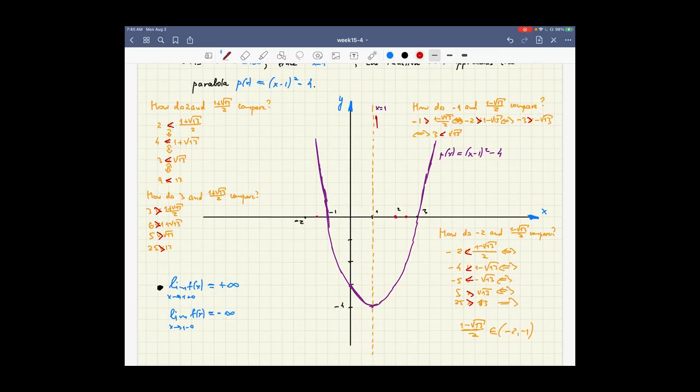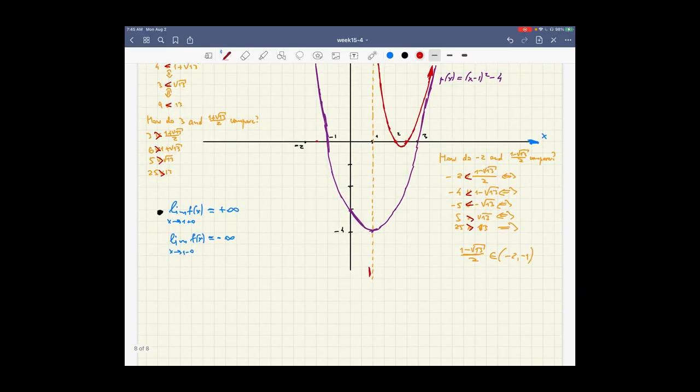So we can kind of start drawing. To the right of 1, we have positive infinity. Then we have these two zeros. Then our function should get closer and closer to this purple parabola. All right. Now, to the left of asymptote 1, our function is negative infinity.